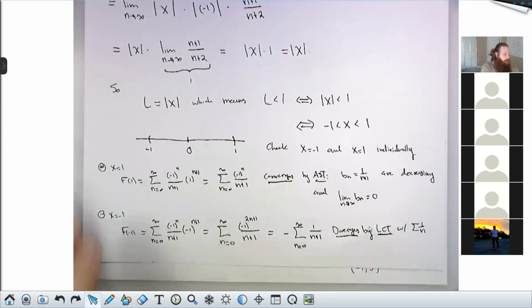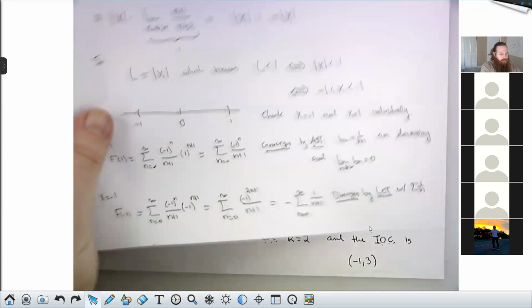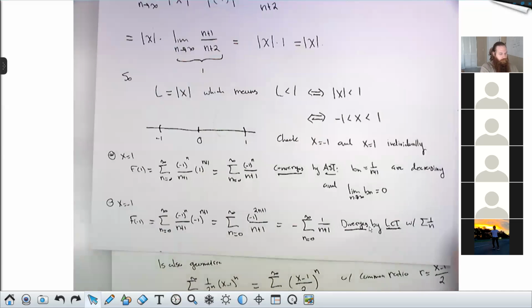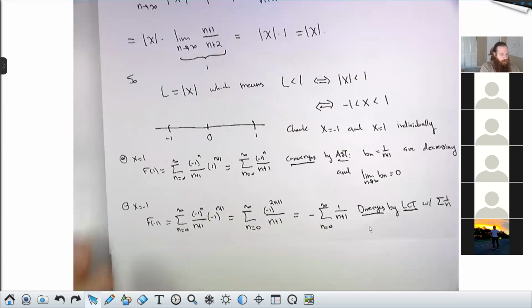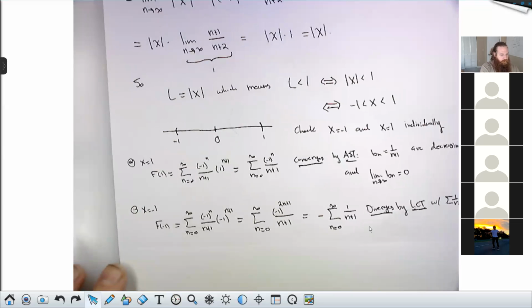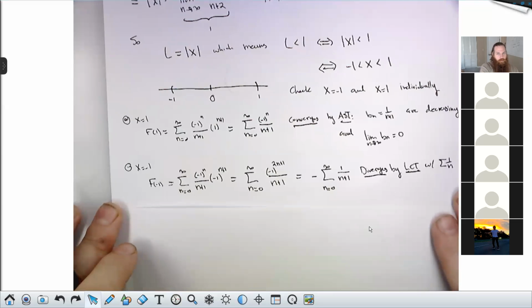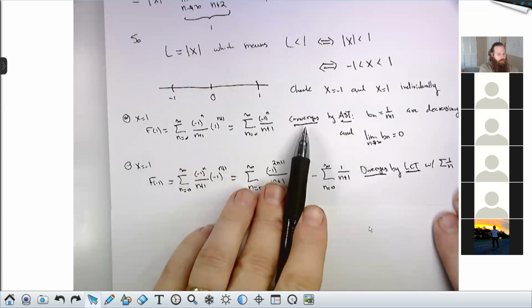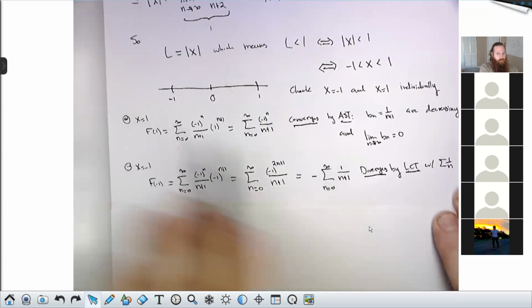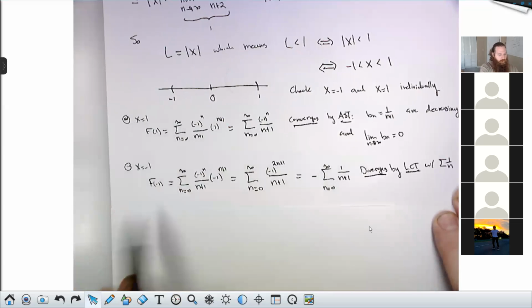So what can we say here? My series is centered at 0, has radius of convergence 1, converges when x is equal to +1, diverges when x is equal to -1.